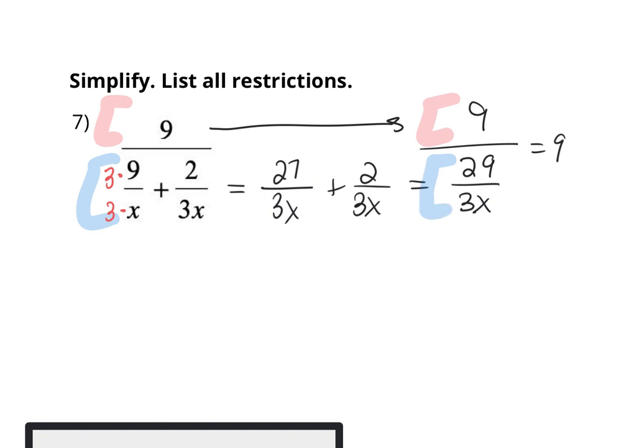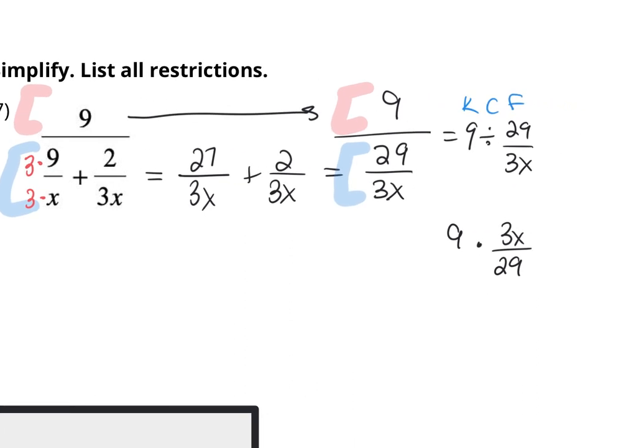So we have 9 divided by 29 over 3x. Keep, change, flip. 9 times 3x over 29. Remember, there's just a 1 there, so 27x over 29.